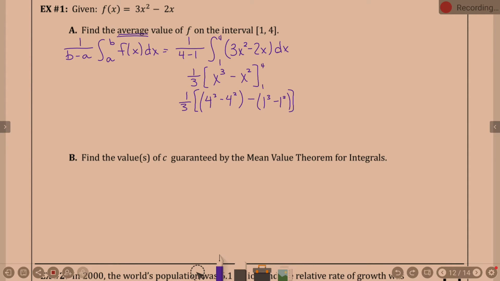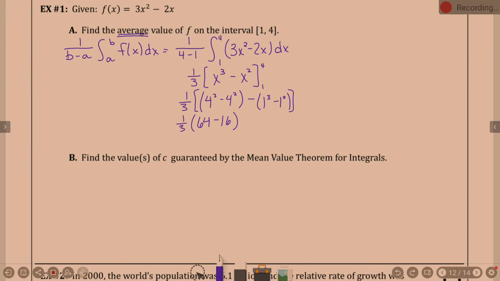Obviously, you guys shortcut pieces at times, which is fine. What do you have? 1/3 is staying 1/3. 4 to the 3rd is 64, minus 4 to the 2nd, 16, minus 0, since 1 minus 1 is 0.